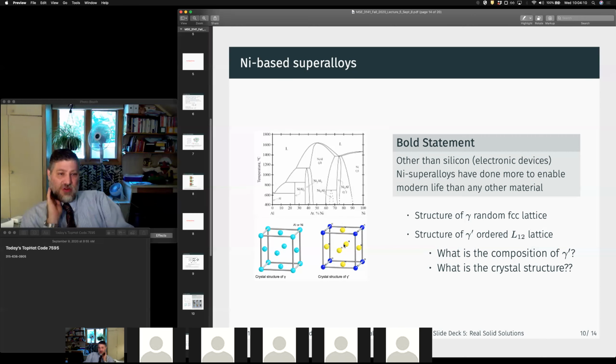So this is 3 nickel atoms and 1 aluminum atom per unit cell. And what's the crystal structure of this? It's not FCC, because the face sites and the corner sites are not identical. Anyone have any idea?